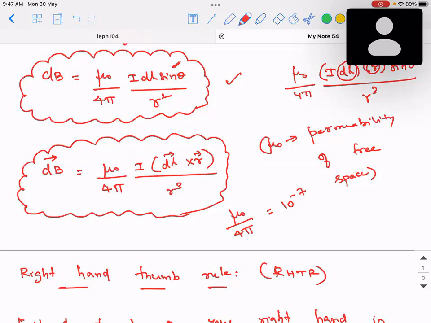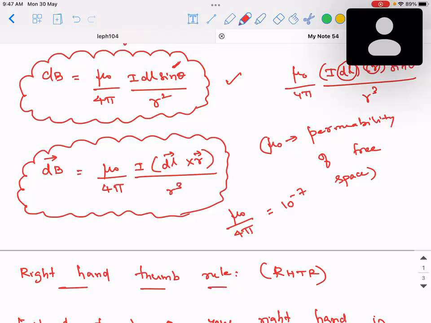Ampere is for current. You mean to say current per unit length? Oh, you're saying for mu naught by 4 pi. It would have been ampere per meter had the value of mu naught by 4 pi had no units. I'm asking you to find the unit of it.